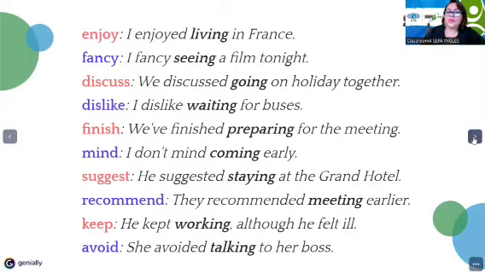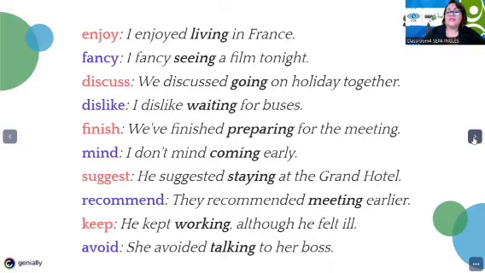We finished preparing for the meeting. I don't mind coming early. They suggested staying at the Grand Hotel. They recommended meeting earlier. He kept working, although he felt ill. She avoided talking to her boss.